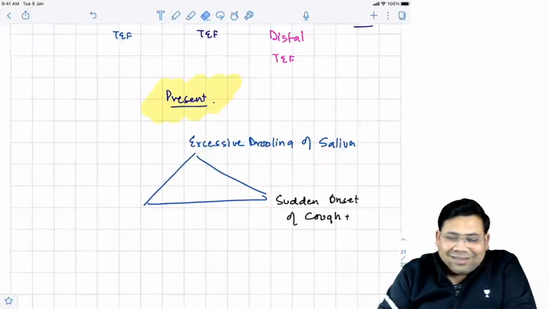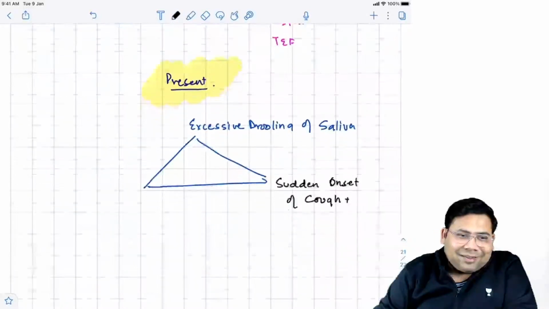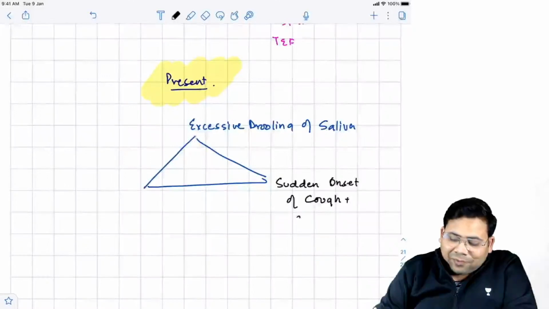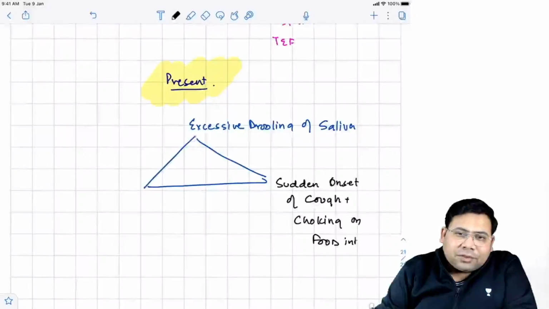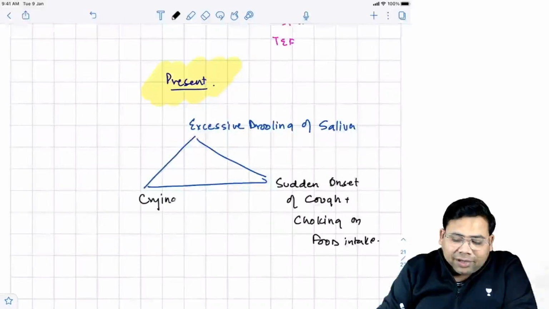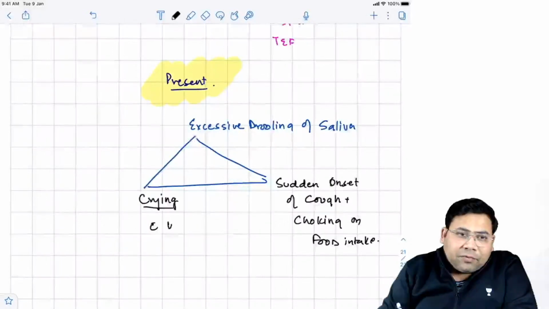Okay, great, Tavish. So sudden onset of cough and choking on food intake, and then the baby will cry, with worsening of respiratory distress.